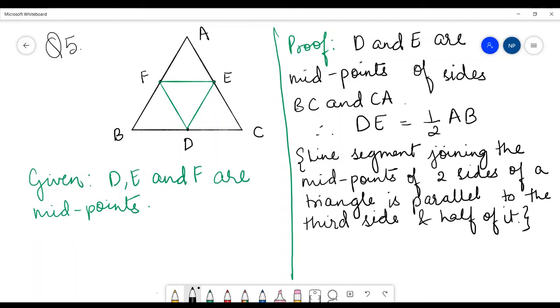This we have already studied. So with this theorem we derive that this particular line DE is equal to half of AB. Is that clear?